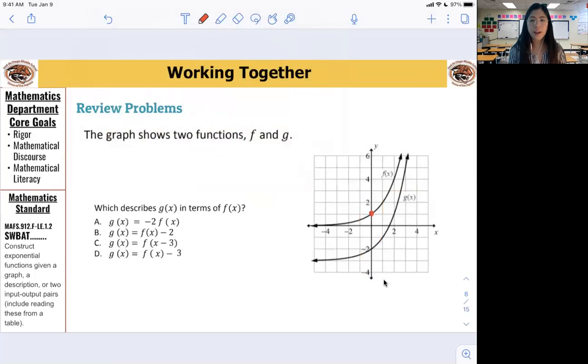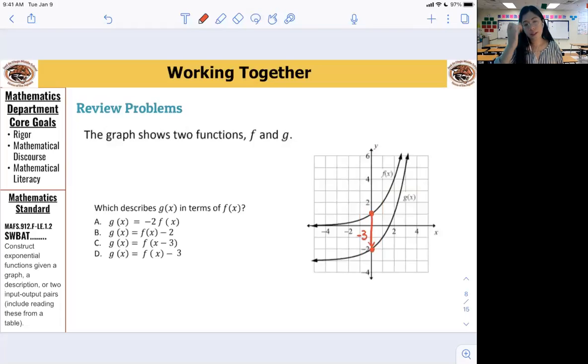If I start at f of x, where do I have to go to get to g of x? Down 3 units. Good. So I'm just going to look for an answer choice that shows me going down 3 units. Which 2 options look good right now?